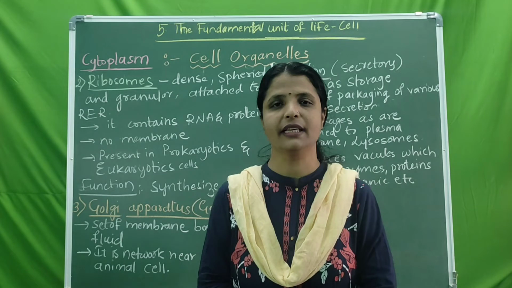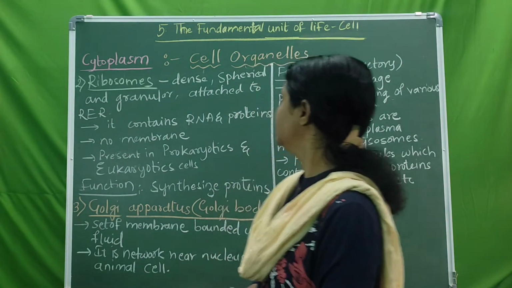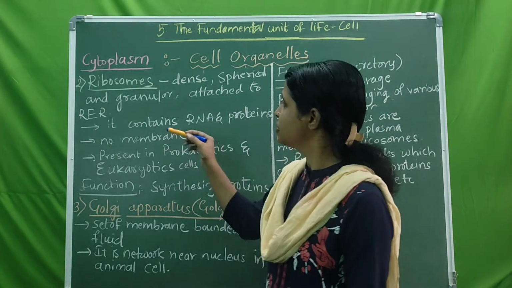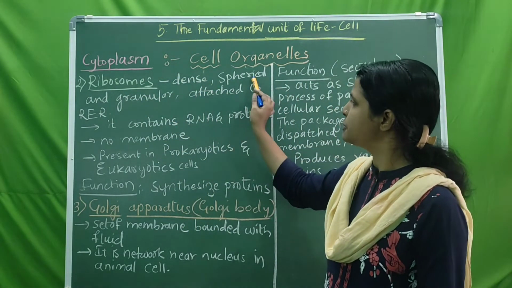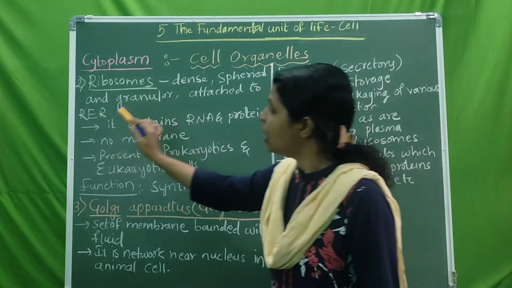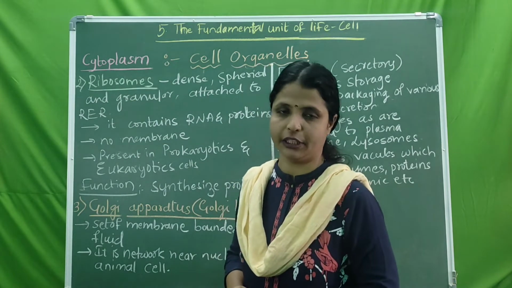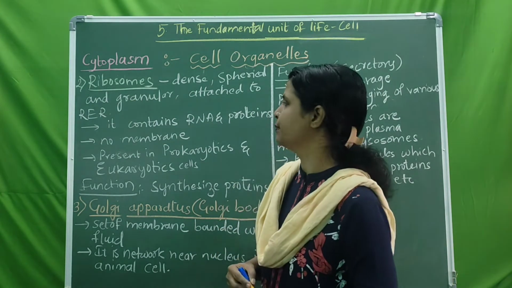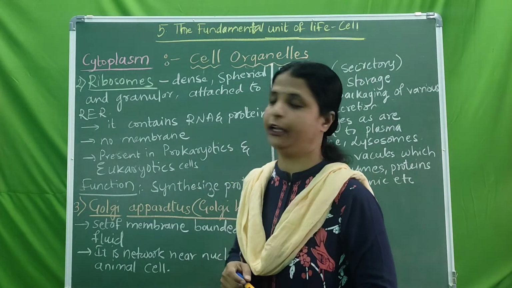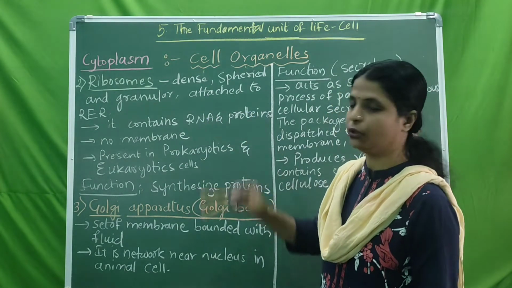Now we shall move to the next cell organelle, that is ribosomes. So how are ribosomes present in the cytoplasm? First of all, they are dense, spherical and granular, attached to RER, that is the rough endoplasmic reticulum. They are always dense. So let's see what these ribosomes contain. They contain RNA and proteins.